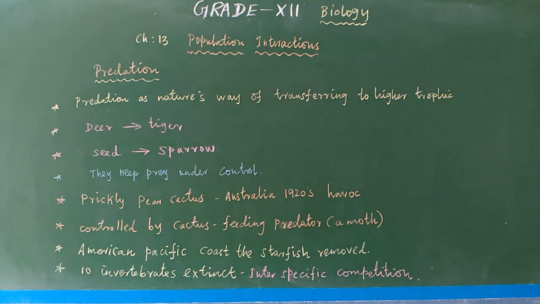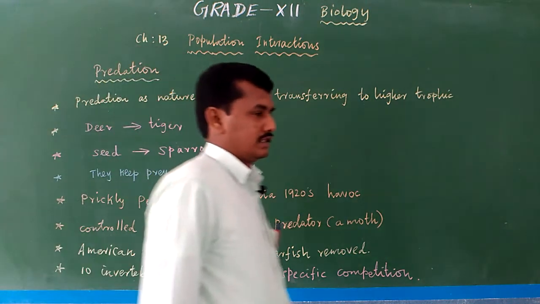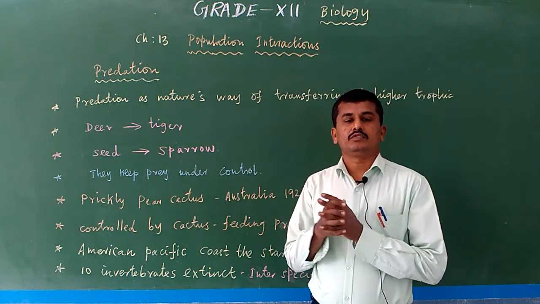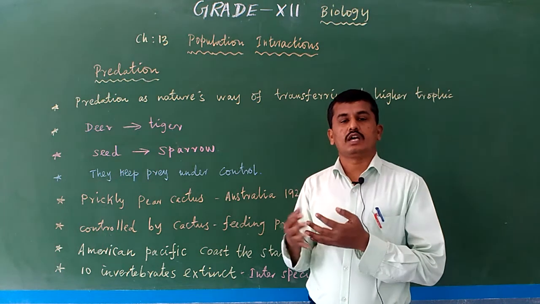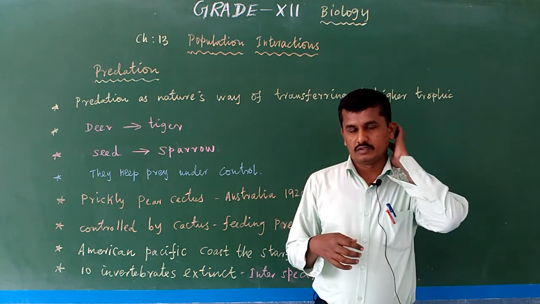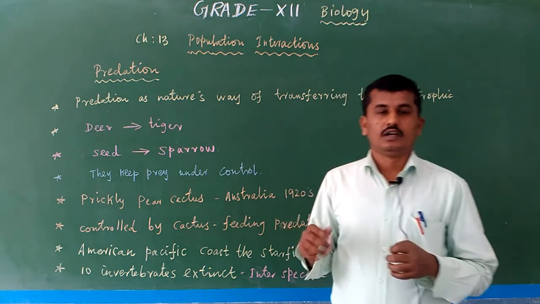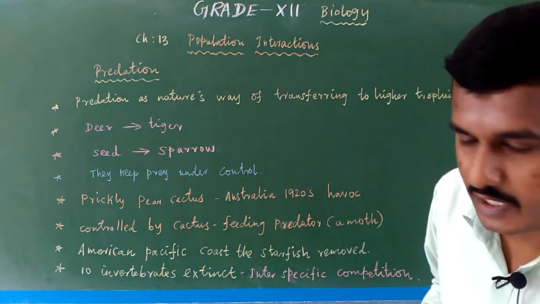In population interactions, the first one is predation. Predation means one organism kills the other organism and then eats it. One organism gets benefited, plus, and another organism gets a negative interaction.